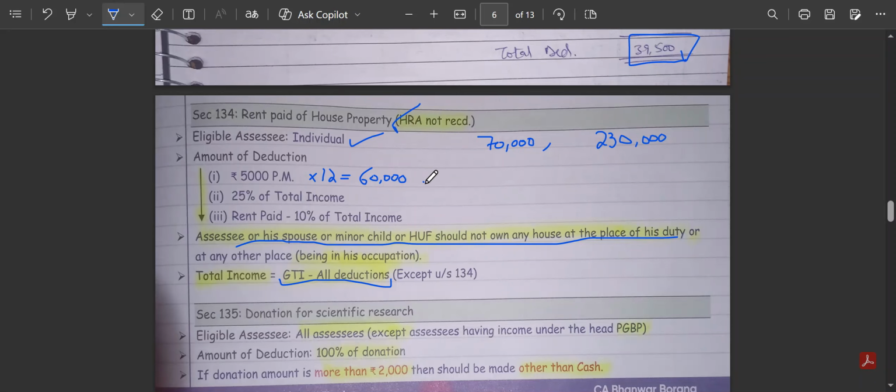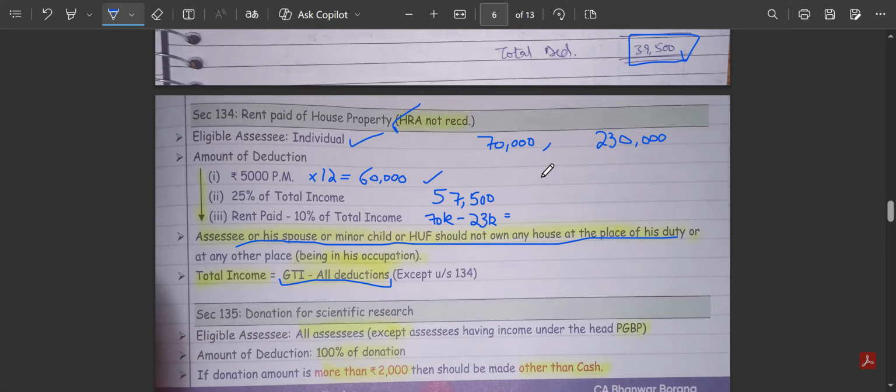The first one will be rupees 60,000. The second one will be 25% of his income, which will be 2,30,000 multiplied by 25% gives us 57,500. And for the third condition, it will be rent paid, which is 70,000 in this case, 70k minus 10% of his total income, which will be 23,000. 23k.